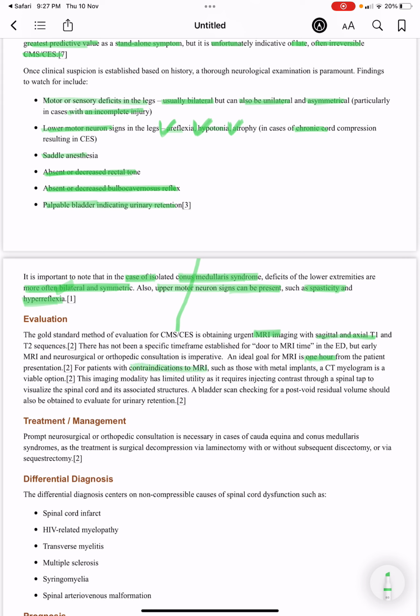For those who have contraindications to MRI, such as metal implants, a CT myelogram is a viable option. This imaging modality has limited utility because it requires contrast through a spinal tap to visualize the spinal cord and its associated structures.